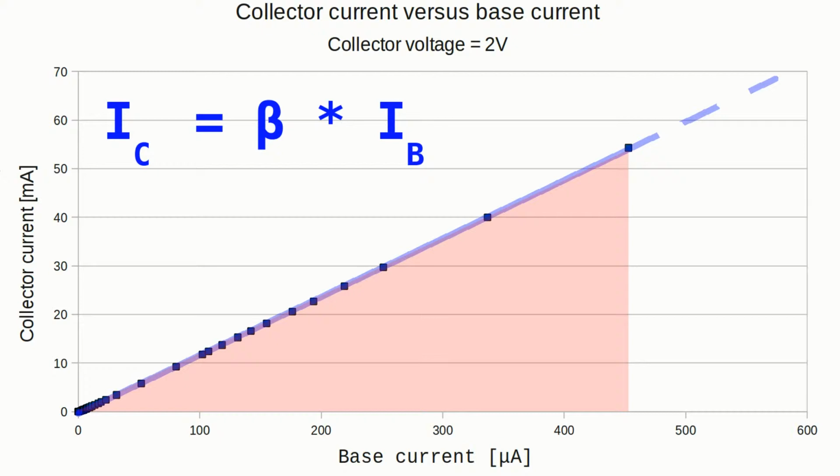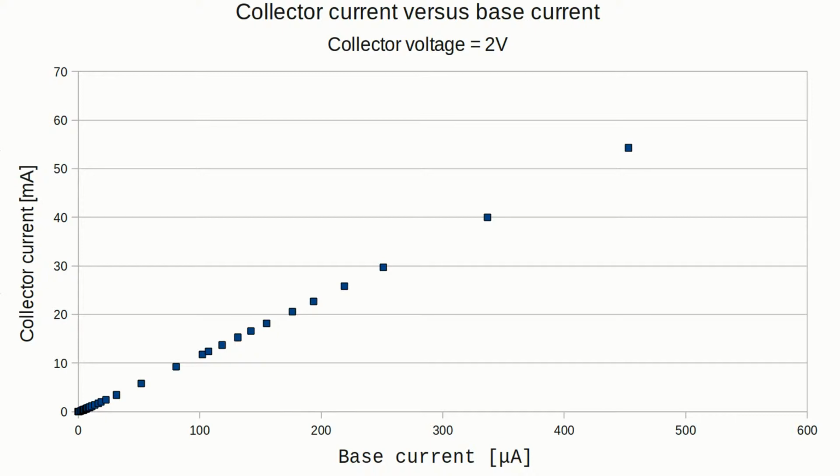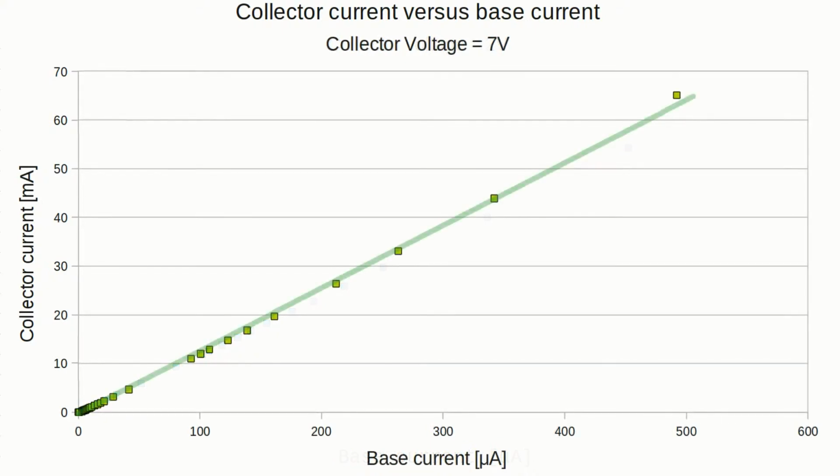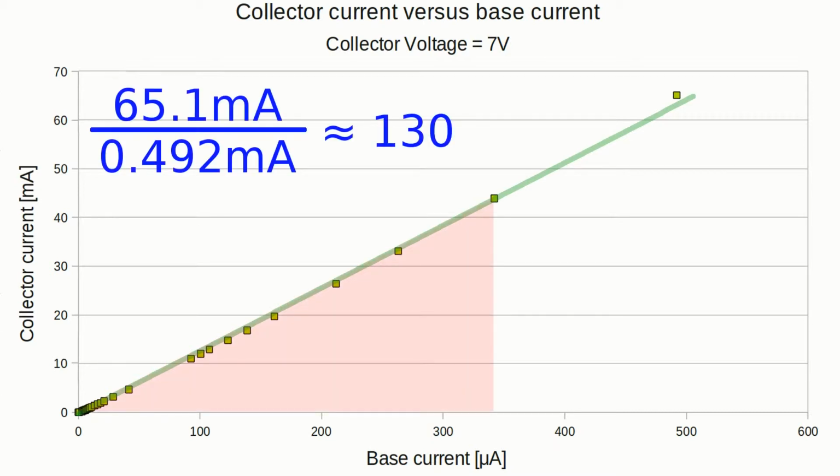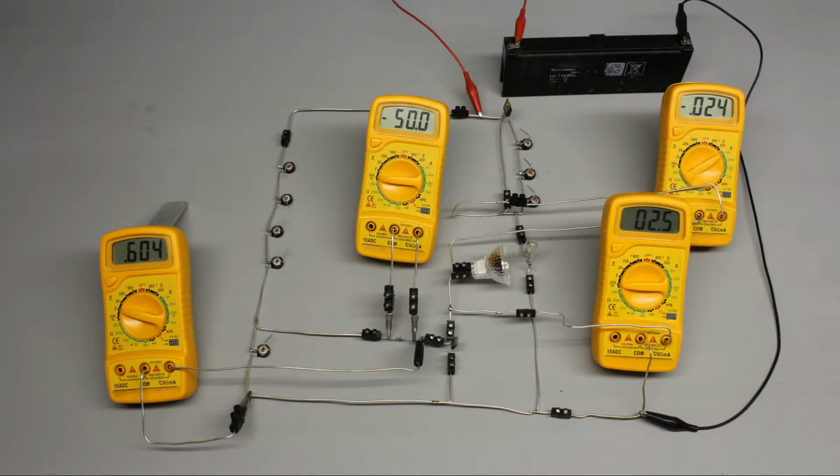The non-dimensional parameter beta marks the slope of the curve, which equals the current gain. Beta is increasing slightly with an increasing collector voltage. With the values recorded for the BD135, we get a current gain of approximately 130.